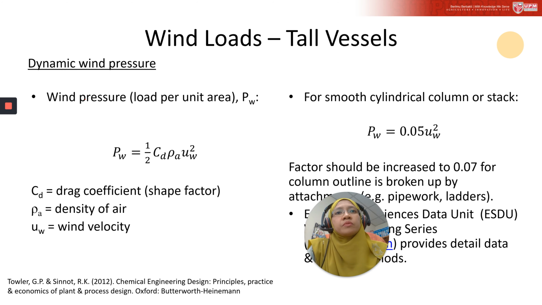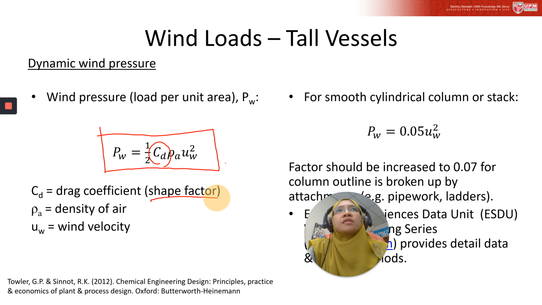Thus, it can be represented by this expression for the wind pressure, where CD is a shape factor that depends on the shape of your column, then the density of air, and the wind velocity. It is good to consider the maximum velocity that might be present at the construction site.